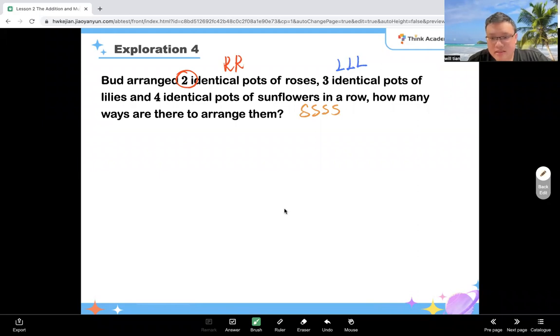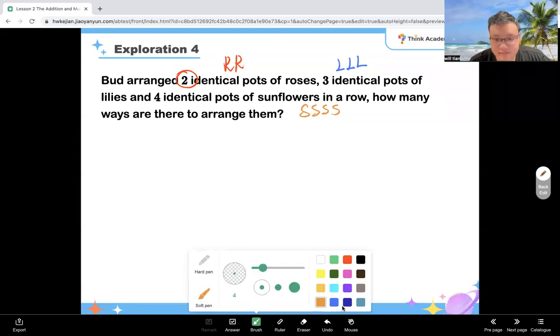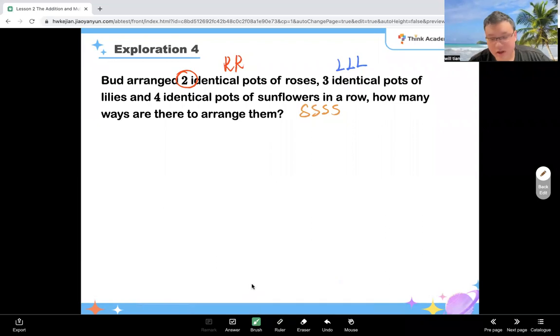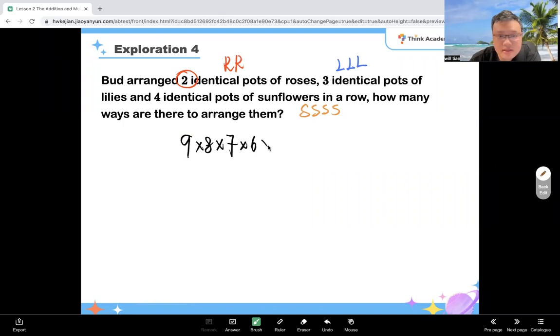Okay. So guys, I got a question for you. If we treat these 9 flowers as all different, how many different ways are there for you to list them in a row? If they're all different, you will have 9 times 8 times 7 times 6 times 5 and then 4 and then 3 and then 2 and then 1.